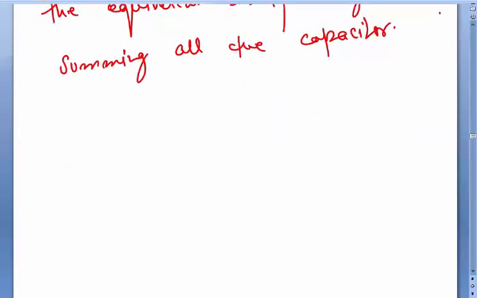Now consider one more example, C1, C2 and C3.